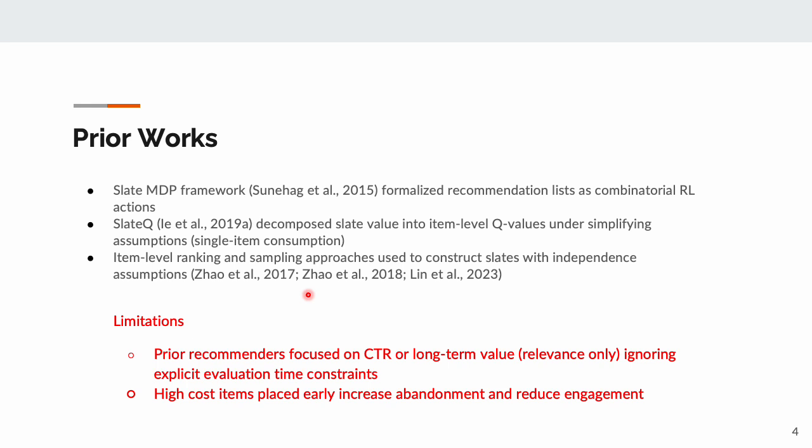Other works introduced several new training frameworks for list-wise and page-wise recommendations using environment simulation via ranking and sampling. However, all these works focused mainly on item relevance derived from click-through rate without considering evaluation time constraints. As a result, they placed items with high evaluation cost earlier in the slate, which increases abandonment and reduces user engagement.